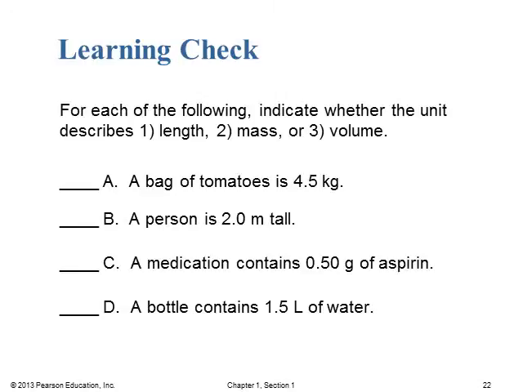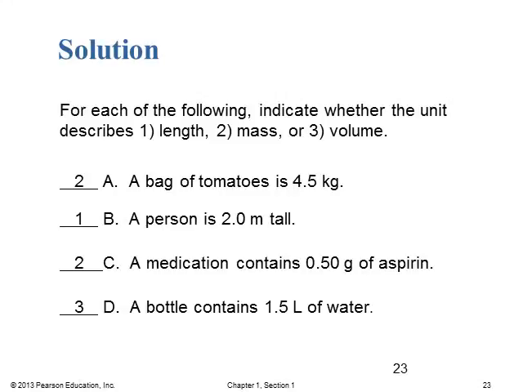Scenario C, a medication contains 0.50 grams of aspirin, and grams is the metric unit for mass, so scenario C will be choice 2. And lastly, a bottle contains 1.5 liters of water, and liters is the metric unit for volume, so that would be choice 3. And so here you see the answers.